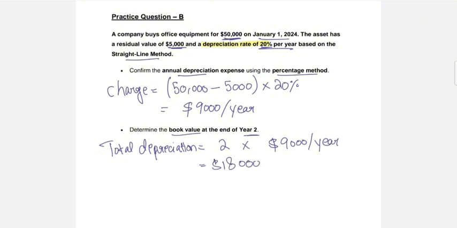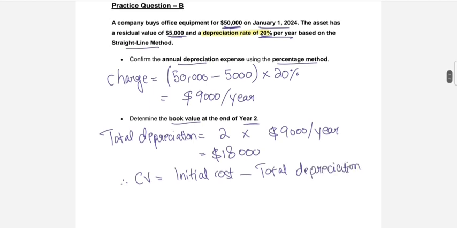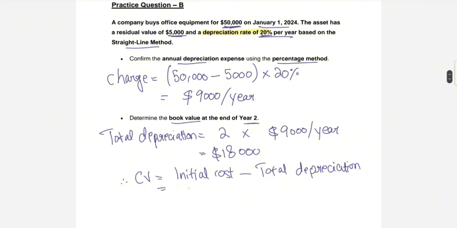You have 18,000 as total depreciation. Therefore, the carrying value of the asset will be the initial cost, all right, minus the total depreciation. This is what the carrying value of the asset will be. So if we look at this, the initial cost is 50,000 and you will take away the total depreciation, which is 18,000.